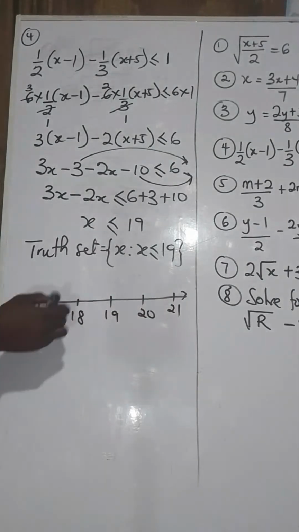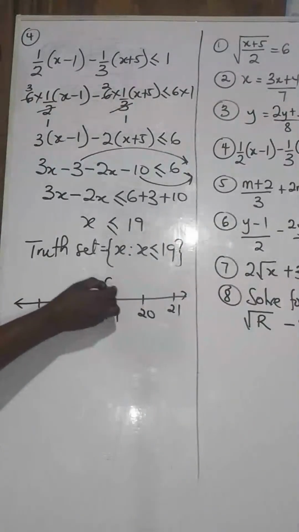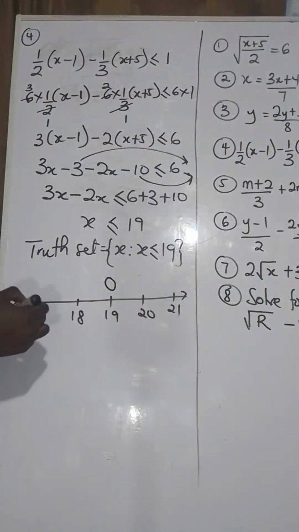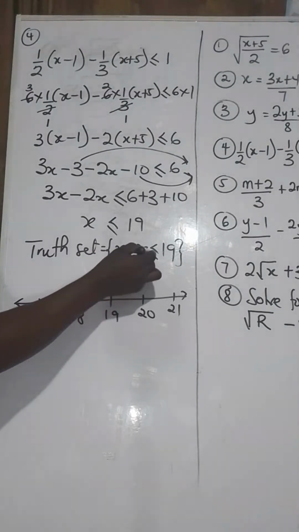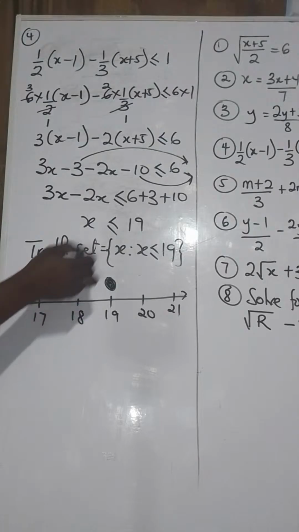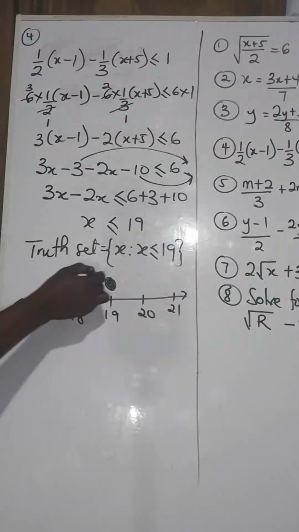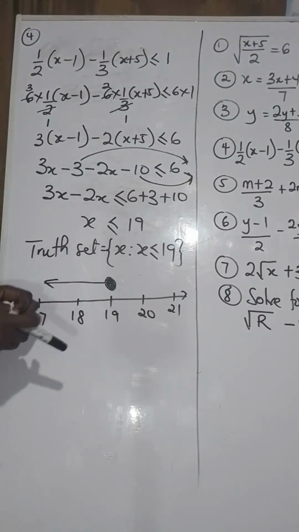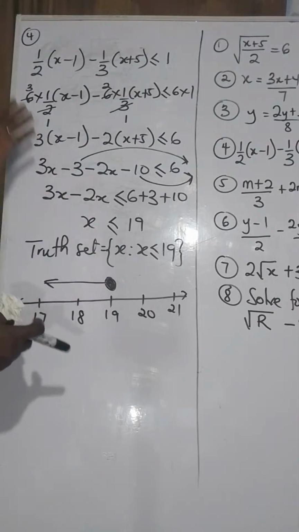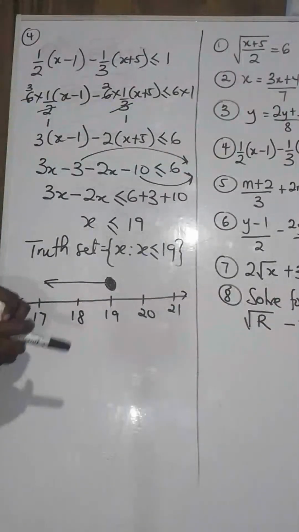Where the 19 is, I'll just circle there, and I will shade, because there's an equal sign under it, values which are less than 19 to the left side. So you are done with the inequality, which is also very simple. Look at the steps very well.